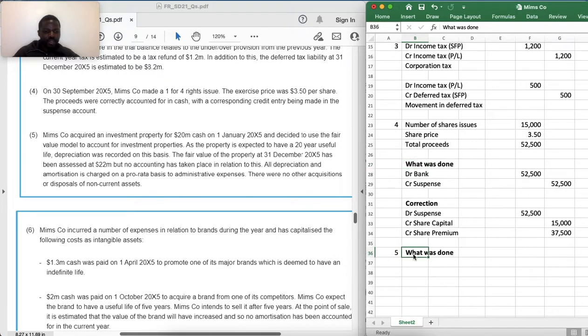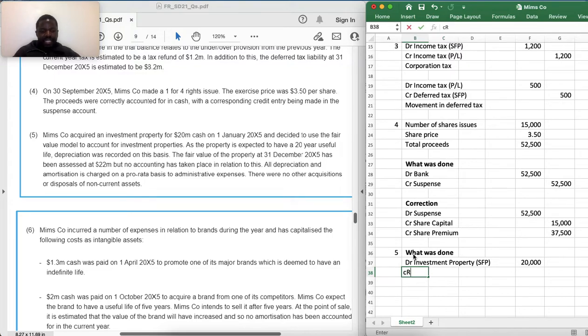Even if it was correct, the company would have debited investment property, statement of financial position, of 20,000. I'm working everything in thousands.